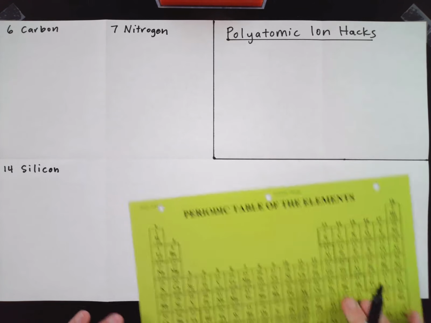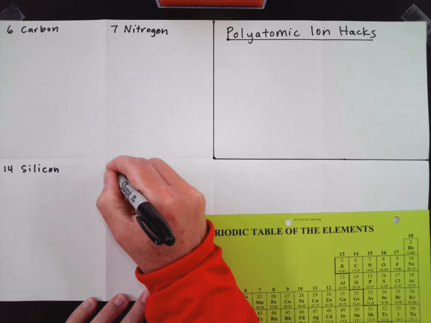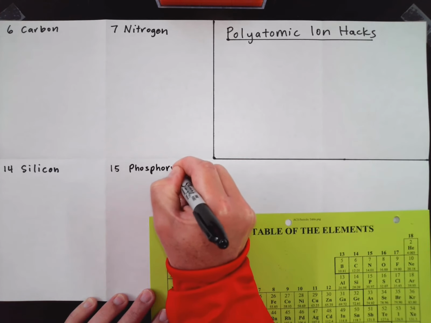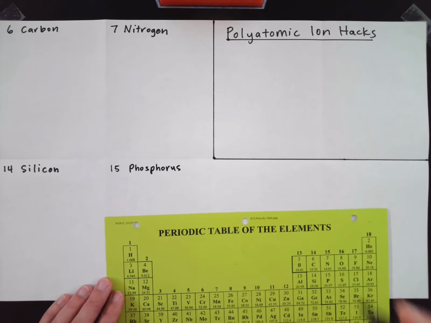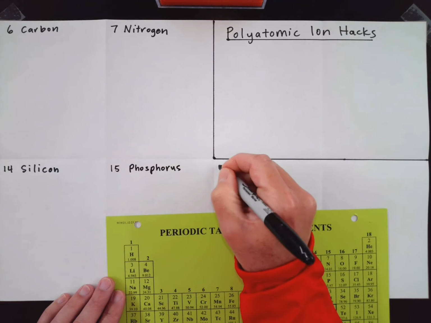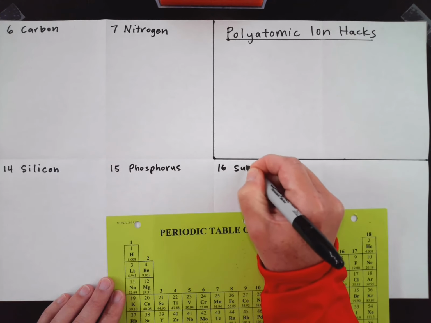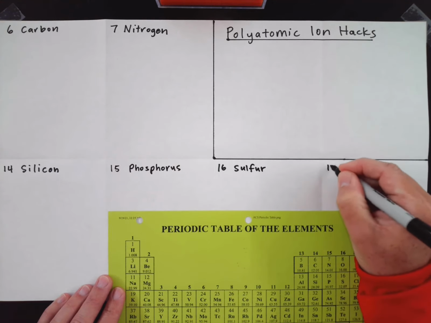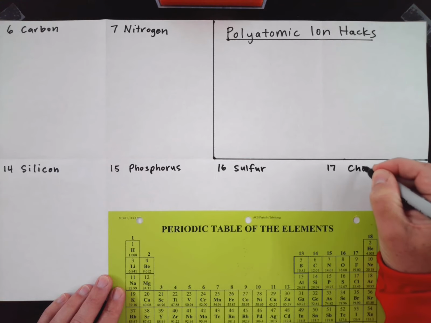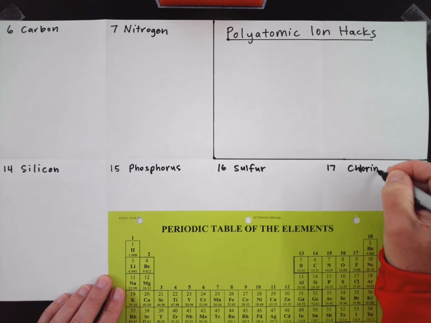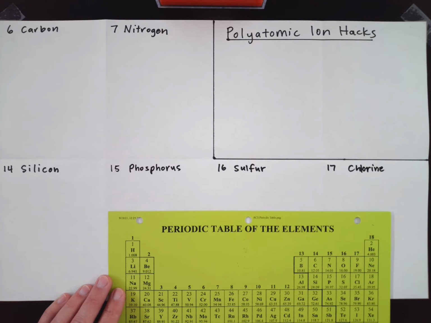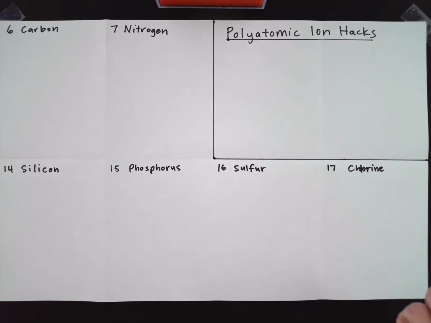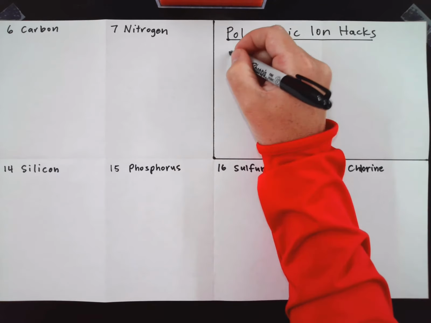Below nitrogen is phosphorus. Next to phosphorus is sulfur, atomic number 16. And then we have chlorine next to sulfur. Alright, so my first tip is to start with what I call the ATE anchors.